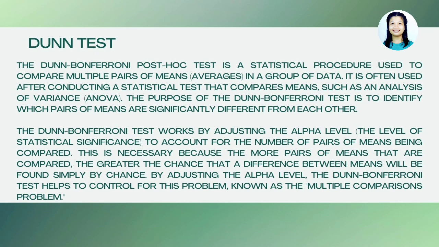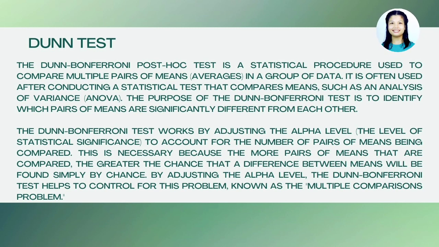The Dunn-Bonferroni test works by adjusting the alpha level, or the level of statistical significance, to account for the number of pairs of means being compared. This is necessary because the more pairs of means that are compared, the greater the chance that a difference between means will be found simply by chance.